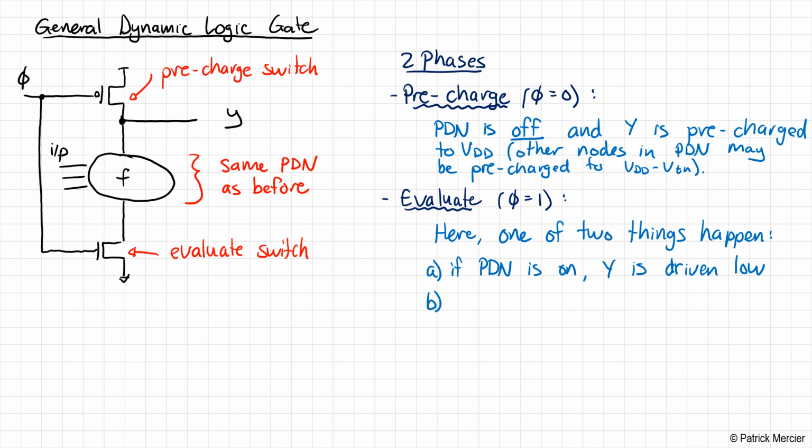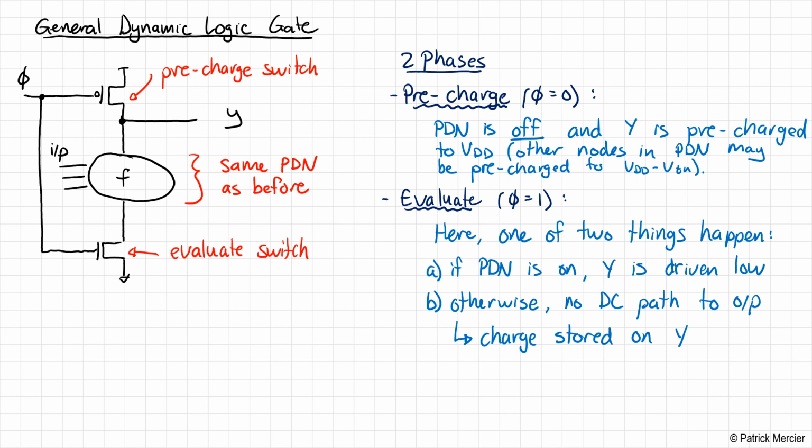Option B is otherwise, if the pull-down network is not on, then there is no DC path to the output, right? The PMOS, that pre-charge switch, is no longer on. The pull-down network is not on. Even though the evaluate switch is on, the pull-down network creating function F is not. So there's no way to pull the output down to ground. There's no DC path to the output in this configuration, so therefore the charge stored on Y remains there.